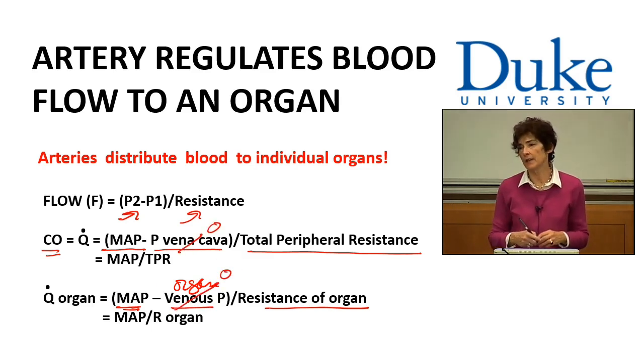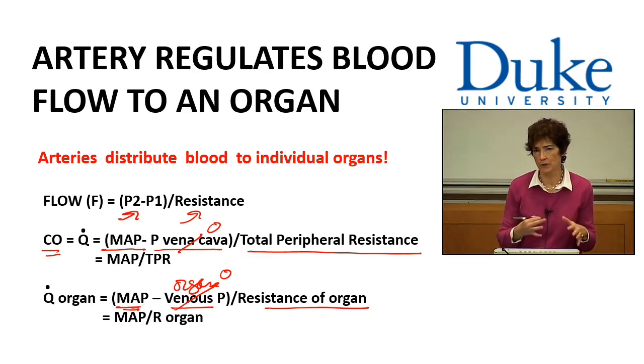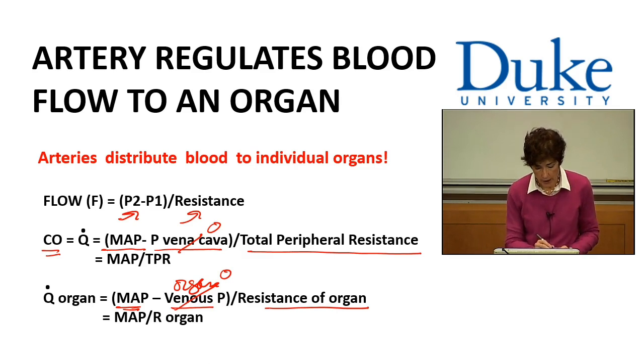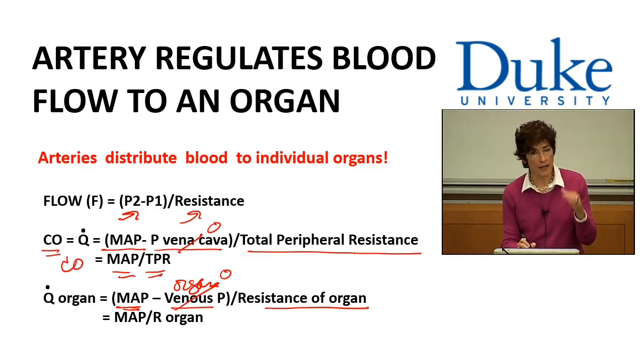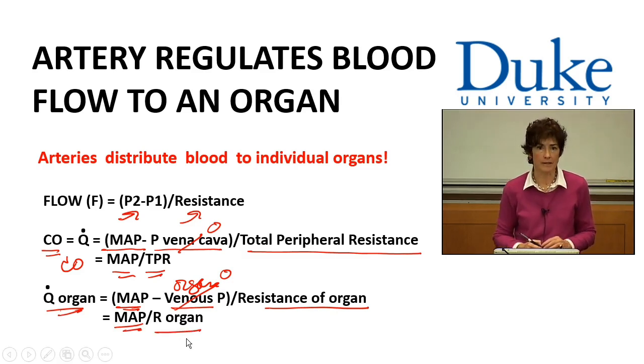The vena cava has a pressure of about 12, where the mean arterial pressure will be something like 100. So we really don't factor it in, and we make the adjustment that the cardiac output is equal to mean arterial pressure divided by the total peripheral resistance, or the perfusion pressure for the organ is equal to mean arterial pressure divided by the resistance in the organ.